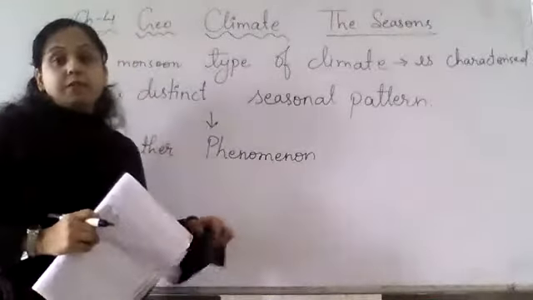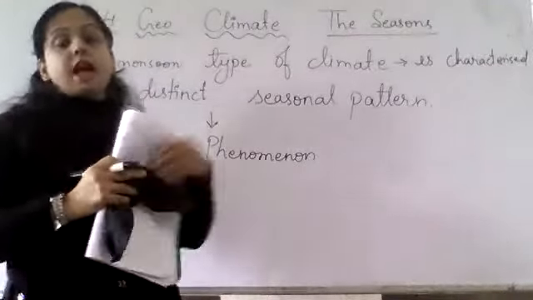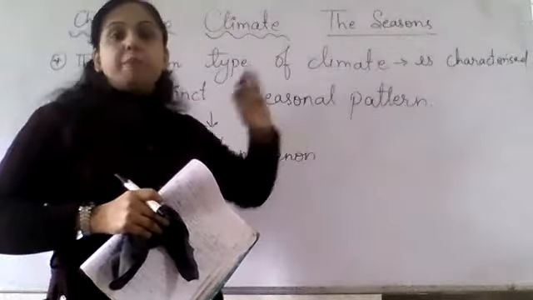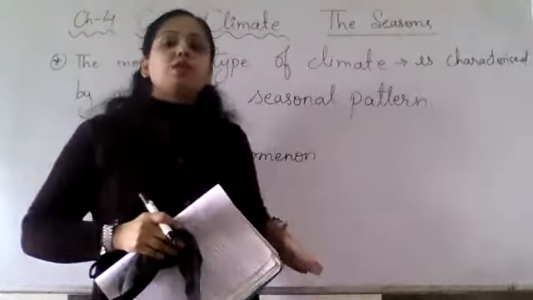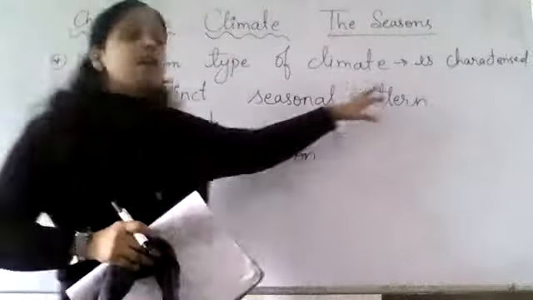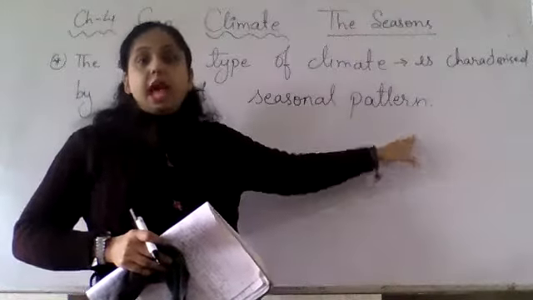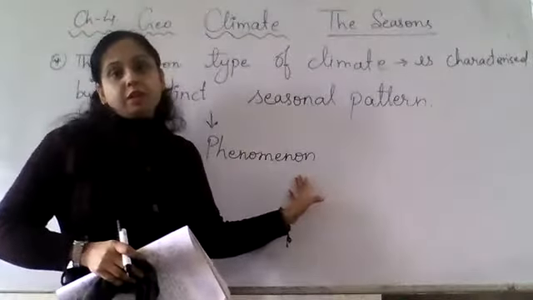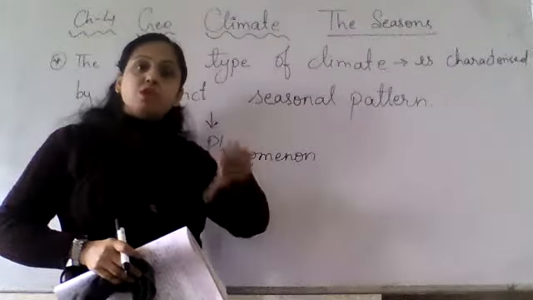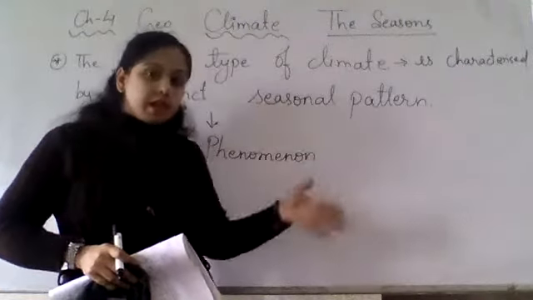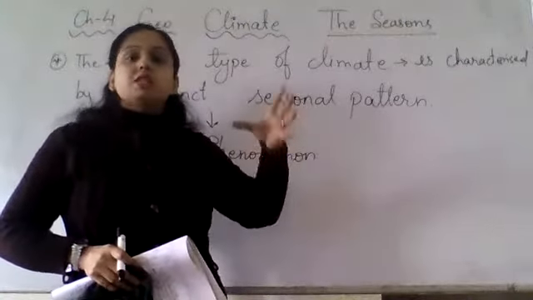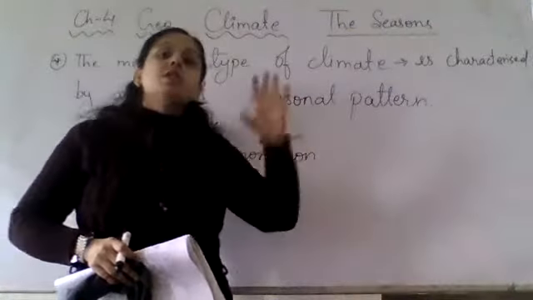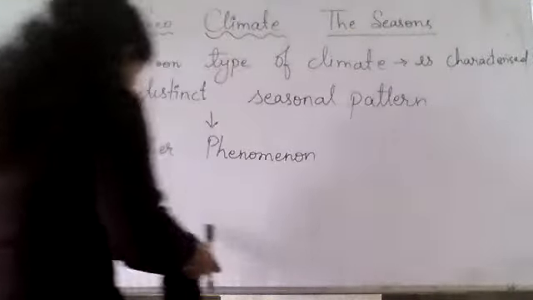Now, as we have read till now, our country is having a monsoon type of climate. But after that also, we have a seasonal pattern, and that is on the basis of weather phenomena. We have monsoon type of climate all over India. Still, on the basis of different weather phenomena, we have divided our months into seasons.